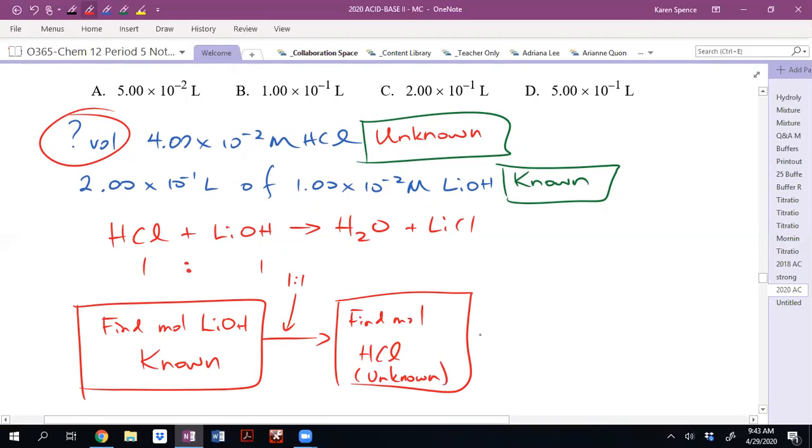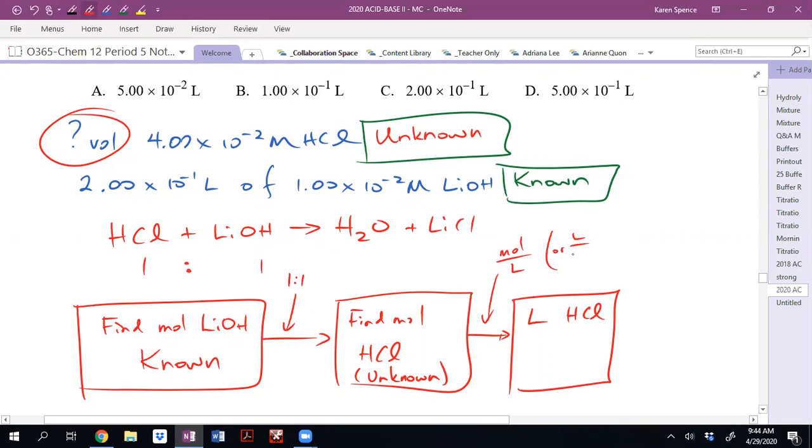And then we want to find our liters of HCl. If we want to find a volume, we will be able to use our molarity because, of course, we can use our moles per liter as a conversion factor. Okay, we might have to write it as liters per mole. And some of you have used a formula last year. I will also show it that way if you prefer.